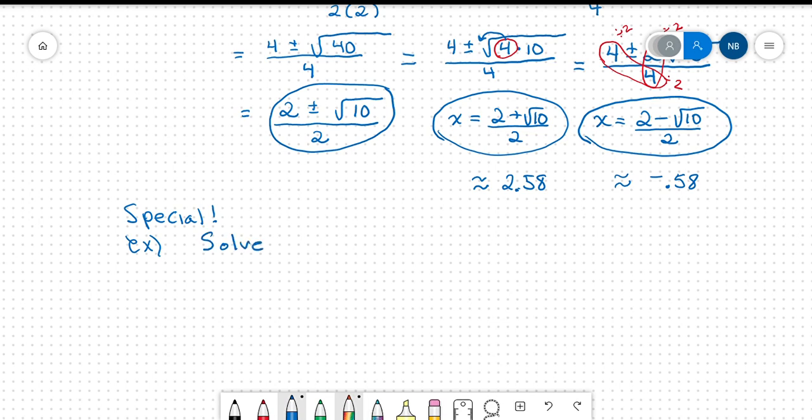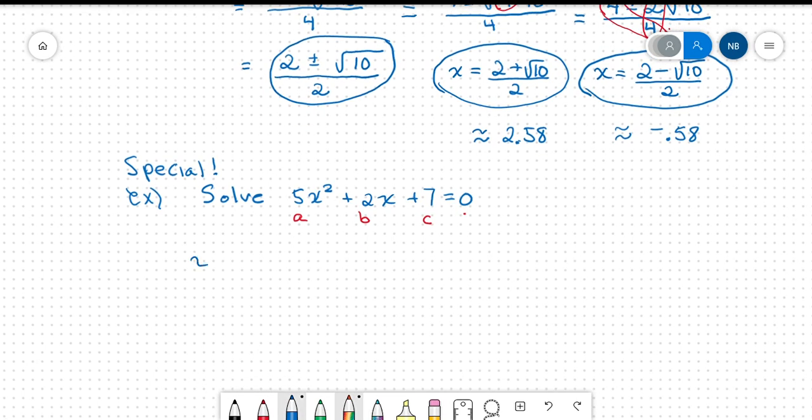Solve 5x squared plus 2x plus 7 equals 0. Now notice we have the equation equal to 0, so we can identify a, b, and c right away. The quadratic formula tells us that x equals negative b, which is negative 2, plus or minus the square root of b squared minus 4 times a, which is 5, times c, which is 7, all divided by 2 times the a.